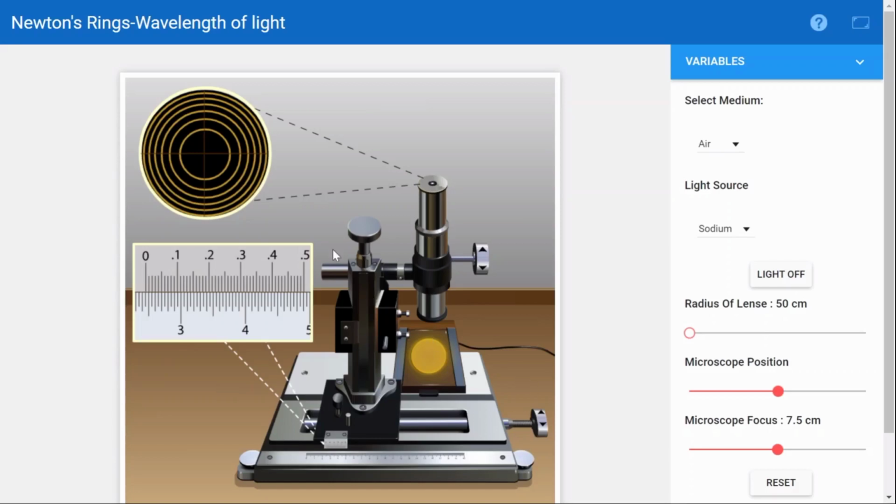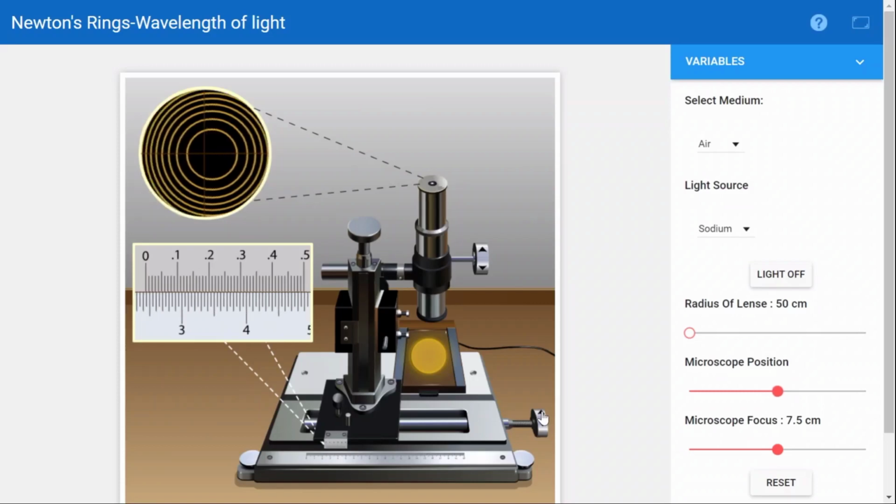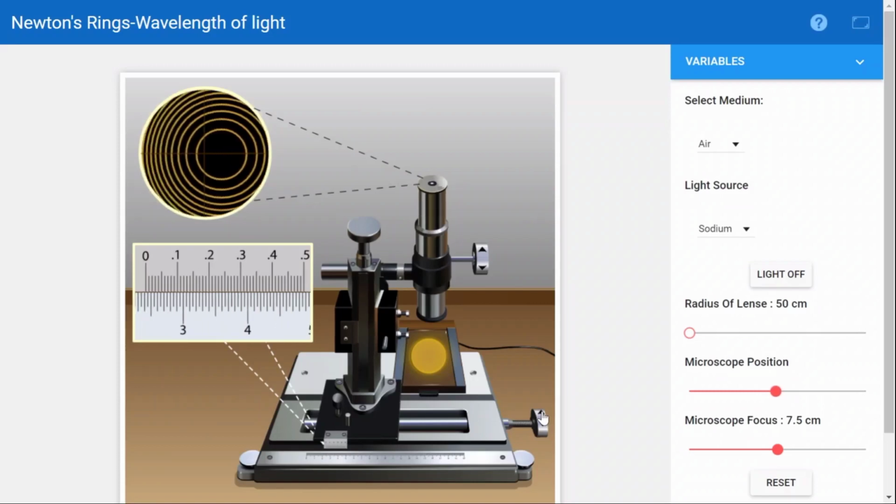Right now, if you are seeing over here, I am in the center position. From the center position, I will go into the left side. Is everyone able to see it here on the left hand side? Yes, sir.